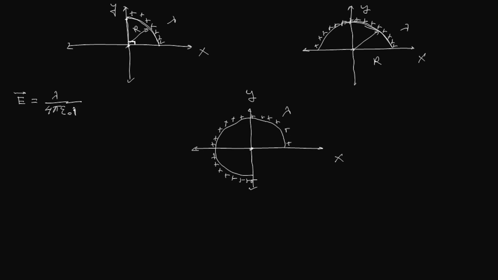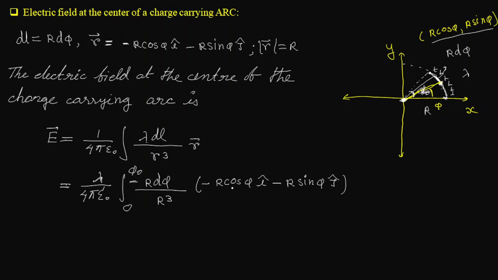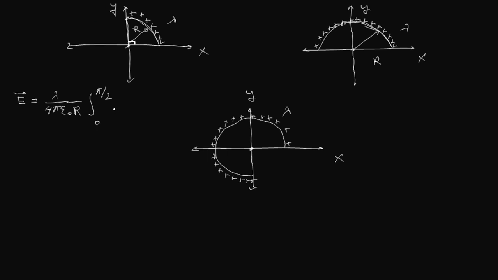Then we have to do the integration from 0 to pi by 2 of minus cos phi I cap minus sin phi j cap into d phi.